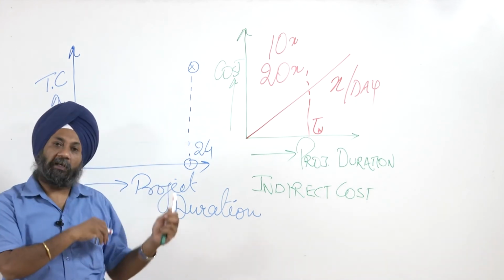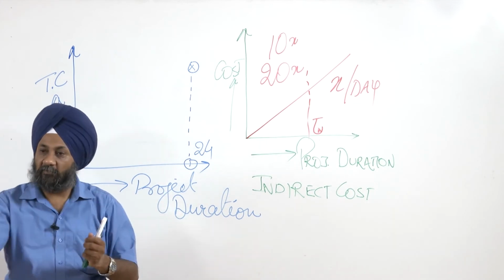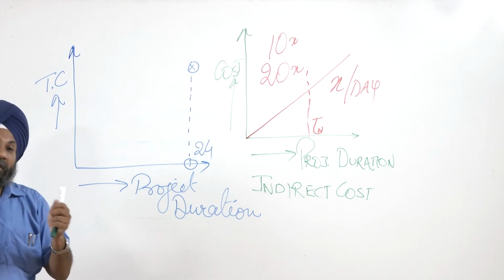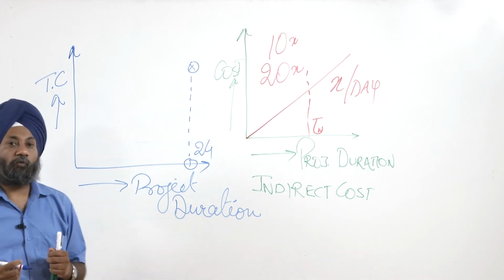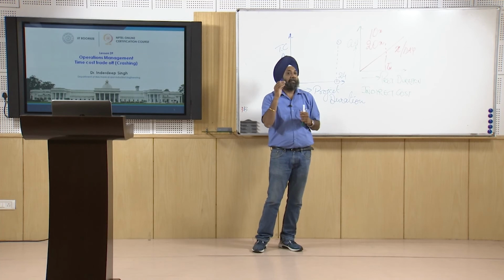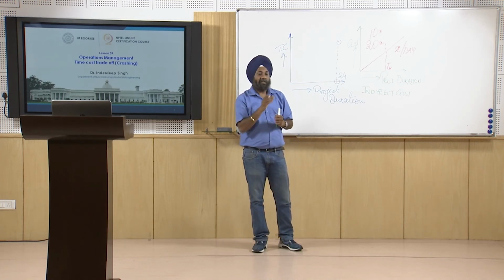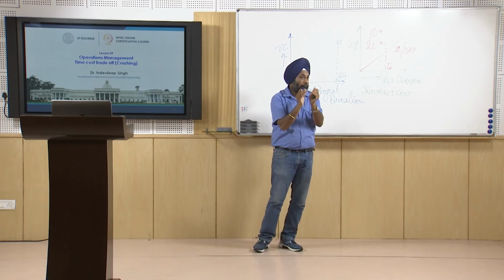No need to draw the graph, we can directly do the calculation. We will see in our problem how we can calculate when we have all these four values: the normal duration, crash duration, normal cost, crash cost. For every activity we can calculate the cost slope. Now what all activities do we have to focus on?